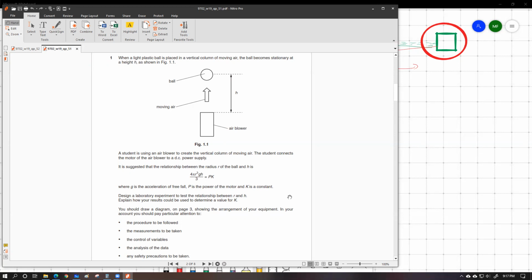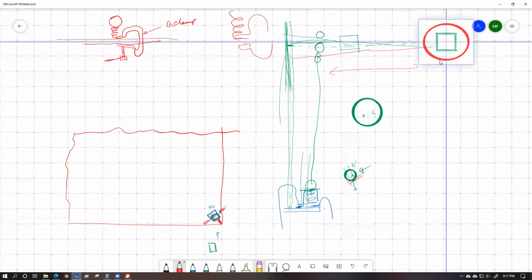You can also be creative, sir, which you can't really be in most science. Precisely, that's what I said in the first place. This is one of those questions that give you real bragging rights in front of the examiner. Like, yeah, I know how to do this.